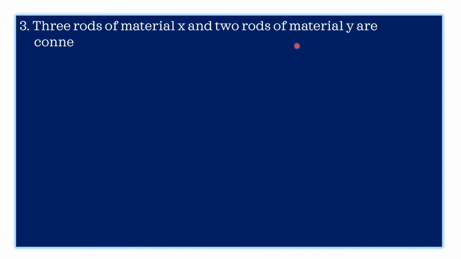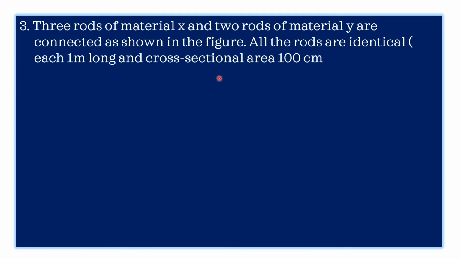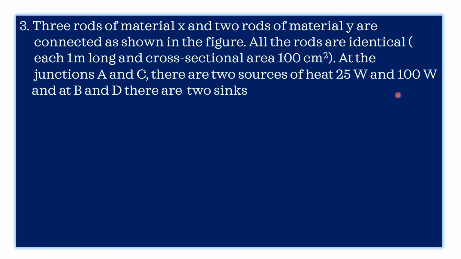In this question, 3 rods of material X and 2 rods of material Y are connected as shown in the figure. All the rods are identical, each 1 meter long and cross-sectional area 100 cm square. At the junctions A and C, there are two sources of heat, 25 watts and 100 watts.